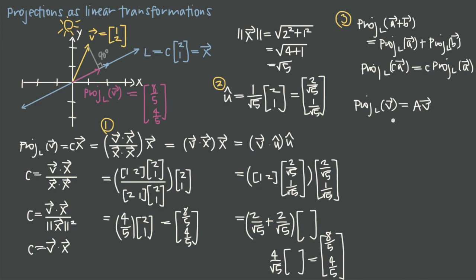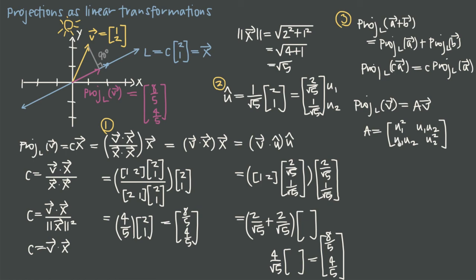As it turns out, if we normalize the vector x, and we use this u hat here for the normalized version of x, then we can write A as simply u1 squared, u1 u2, and then u1 u2, and u2 squared, where the components u1 and u2 come from the normalized version of the vector. So this 2 over root 5 here is u1, and 1 over root 5 is u2.